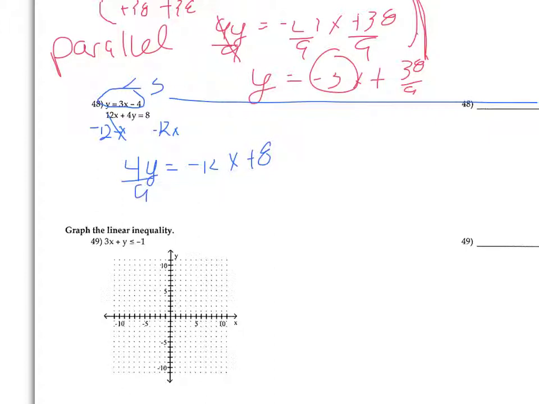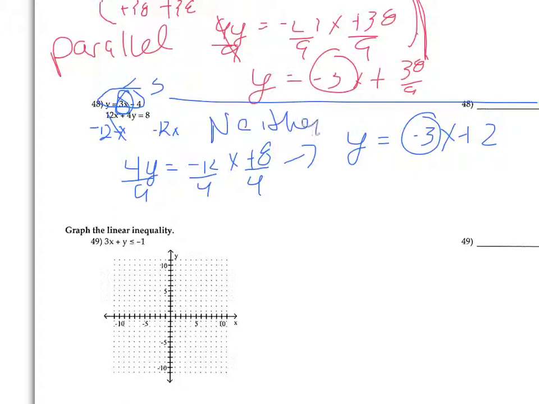Then divide everything by 4. So we get y equals negative 3x plus 2. Now, this has slope 3, this has slope negative 3. They're not the same because they don't have the same signs. And even though they're of opposite signs, they're not reciprocals, so this would be neither. They're neither parallel nor perpendicular.